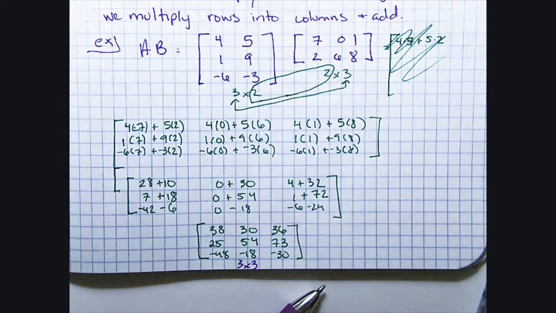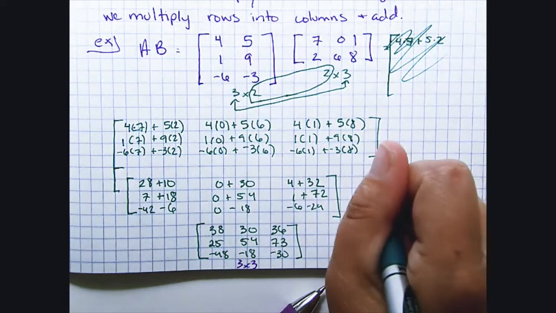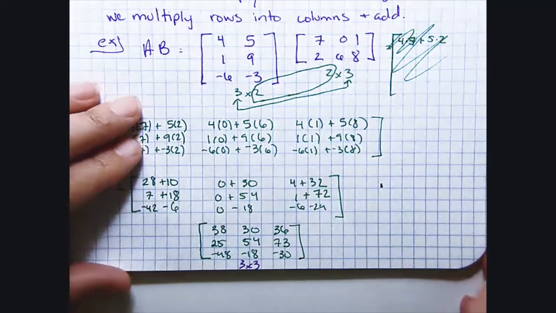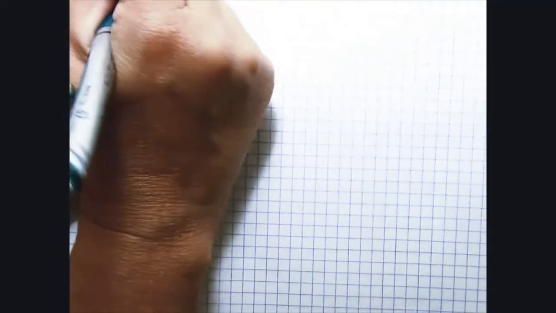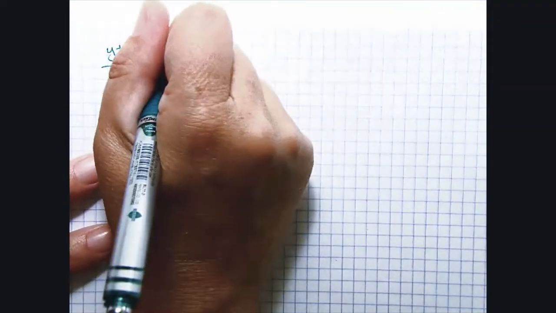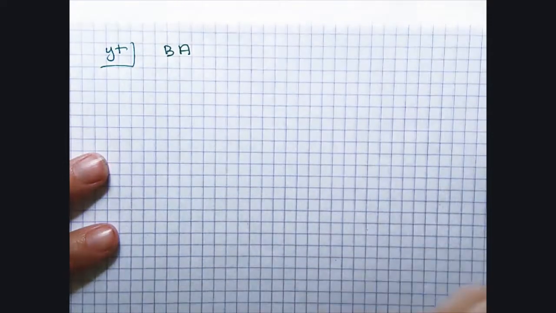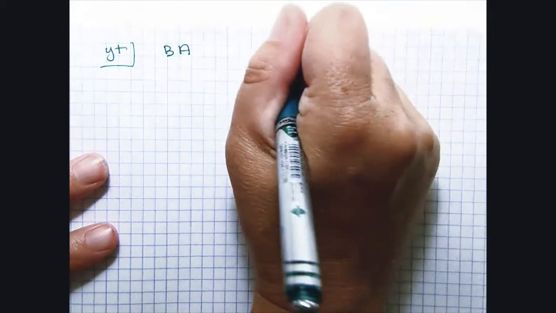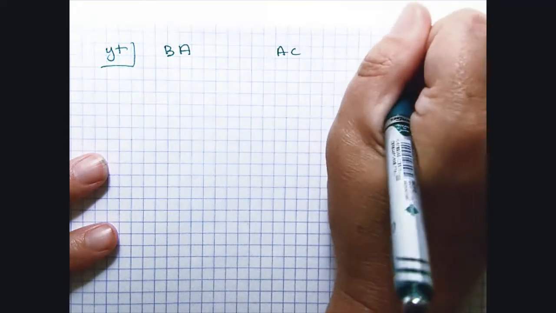So I want to give you your turn. And we're going to use the same 2 matrices, or 3 matrices. So hopefully you wrote those down. And your turn, I'm going to have you find BA, AC, and then CA.